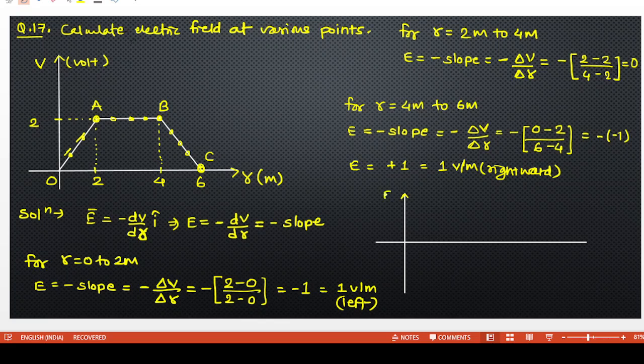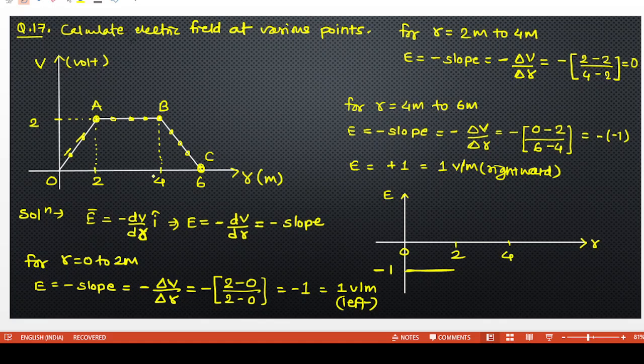So let's say this is electric field, both in magnitude and direction, and this is position. For 0 to 2, what is the electric field? It is 1 but leftward, means minus 1. For 2 to 4, what is the value of the electric field?